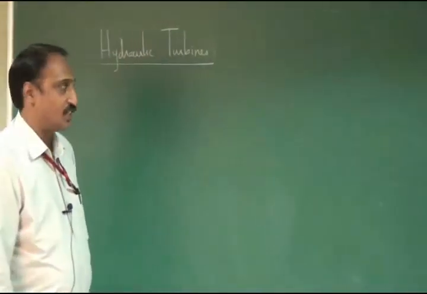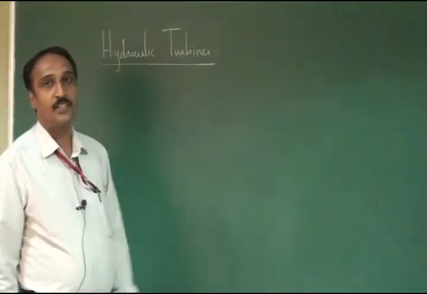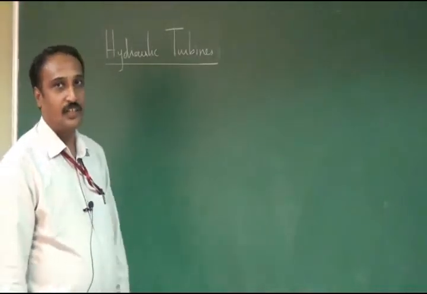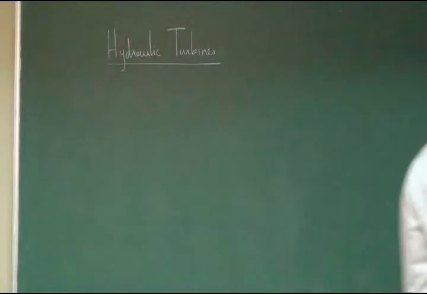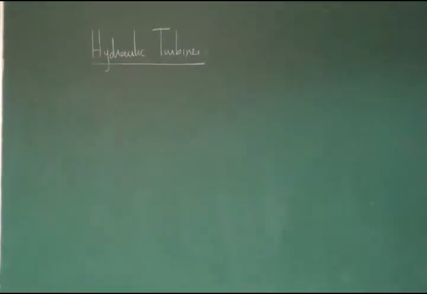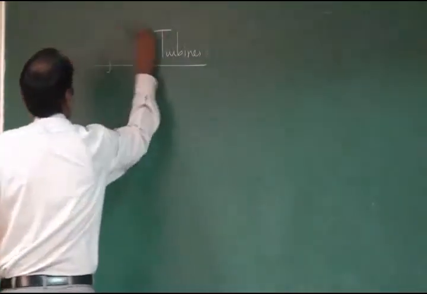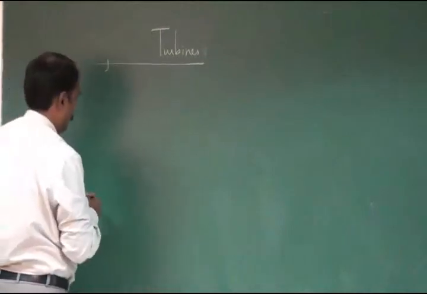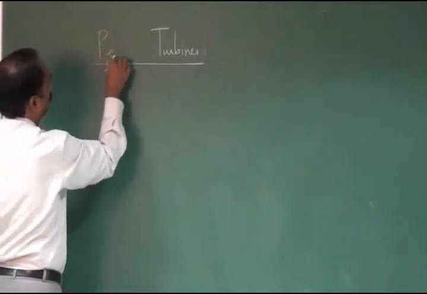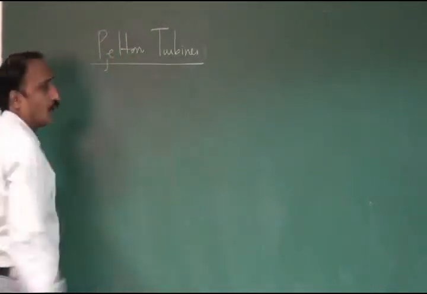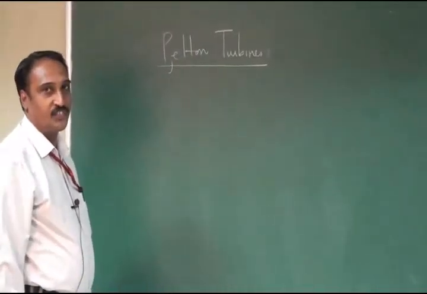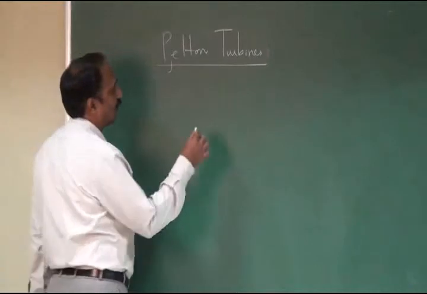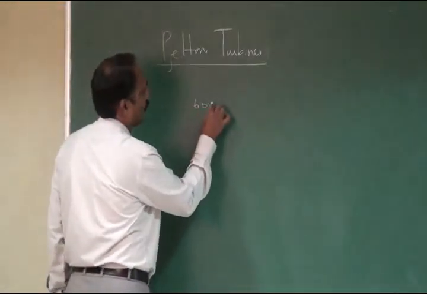In addition to the theory discussed regarding hydraulic turbines, we are going to design a Pelton turbine. So let us suppose the Pelton turbine has to be designed under a head of say 60 meter.